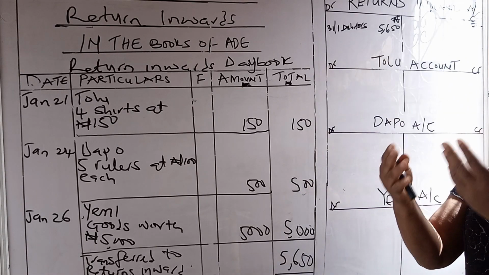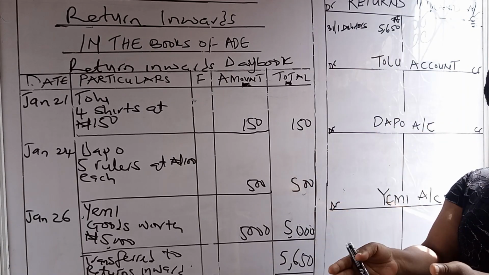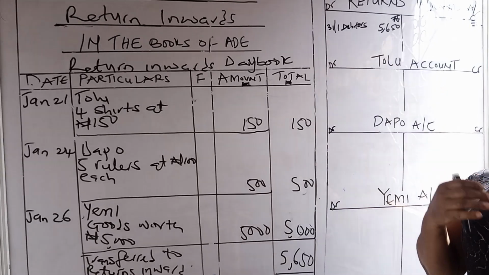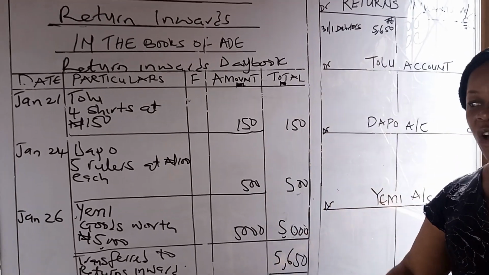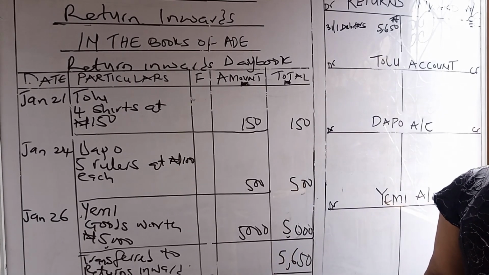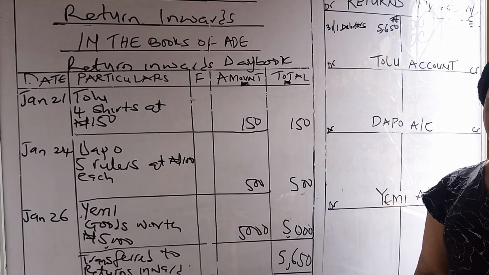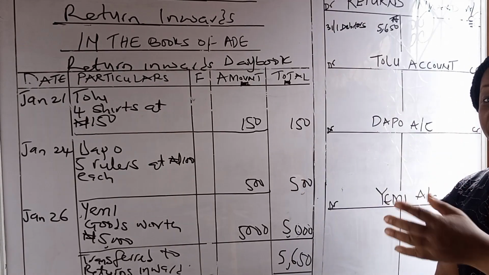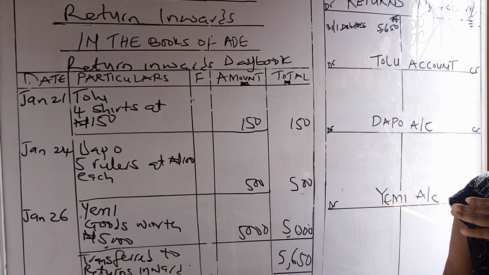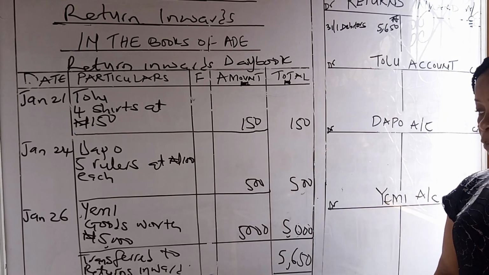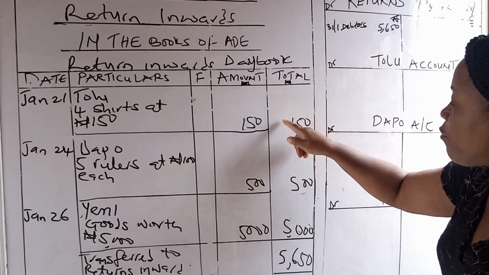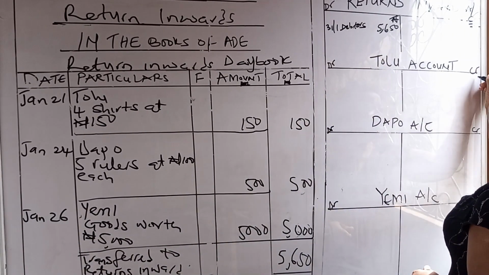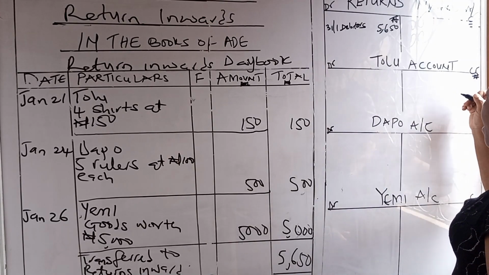Our asset, our money with them, reduced based on the value of goods they return to us. Whenever there is a reduction in any asset, we credit such asset. The asset that is reducing is our collectible money from them. So our collectible money from Tolu reduced by 150, so such a transaction will be credited.